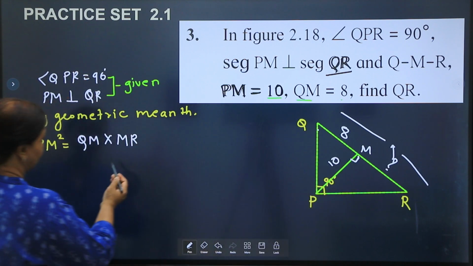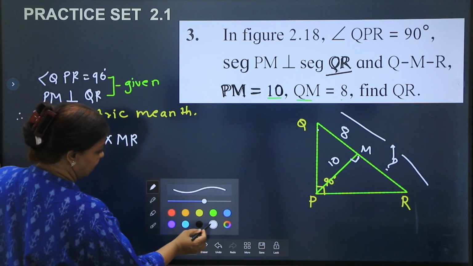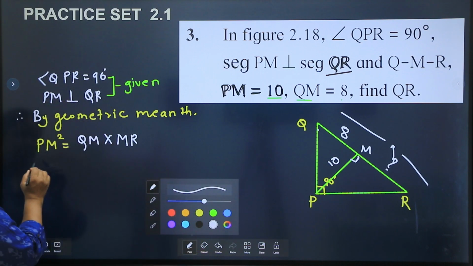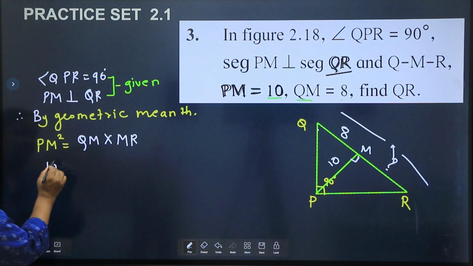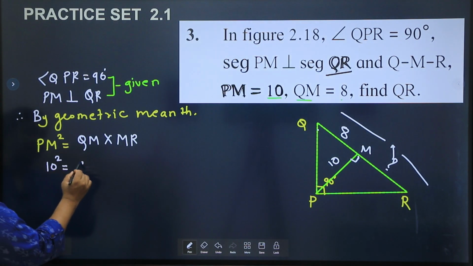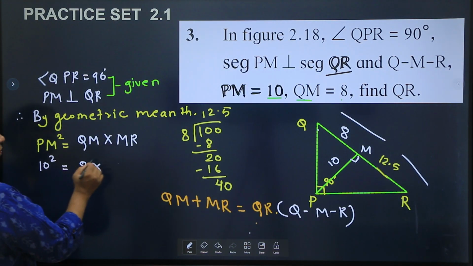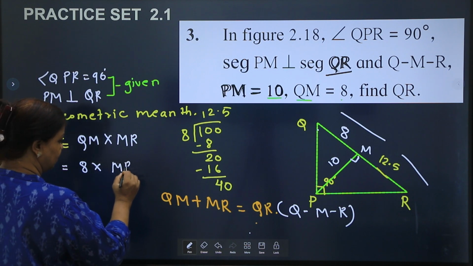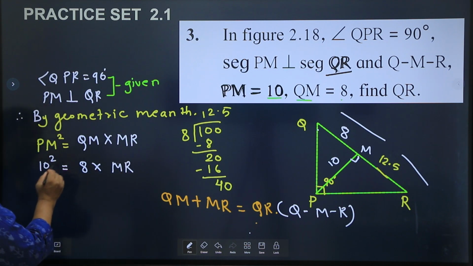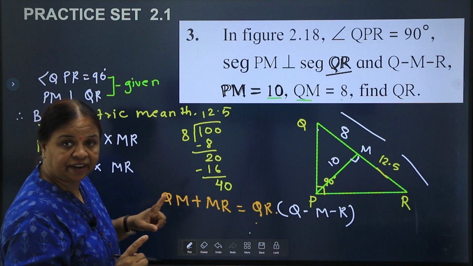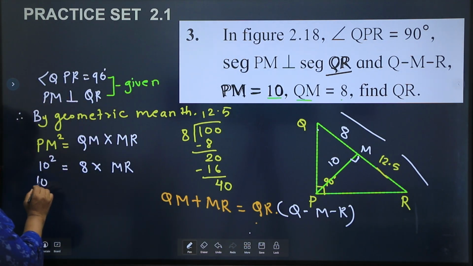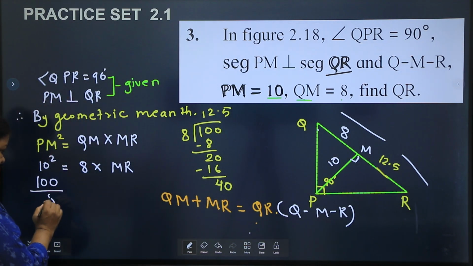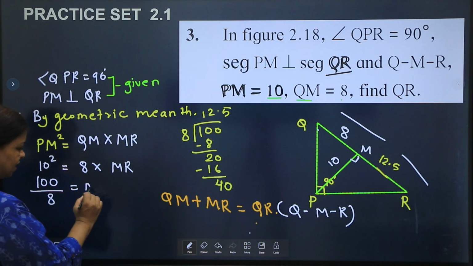So we can use geometric mean theorem here. PM square is 10 square, which is equal to QM 8 into MR. Now 10 square means 100 upon 8, 8 will come down, is equal to MR, children.